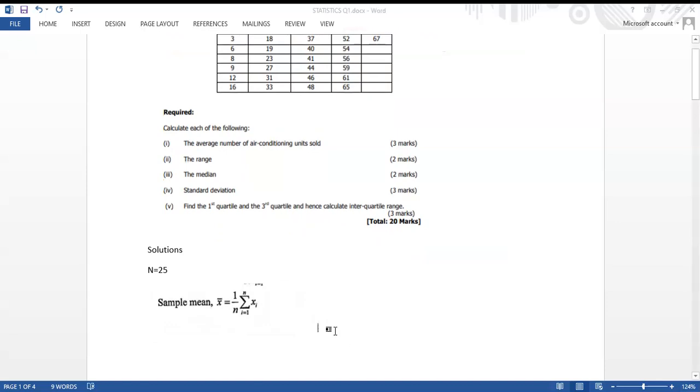All right, so say open brackets, 3 plus 6.